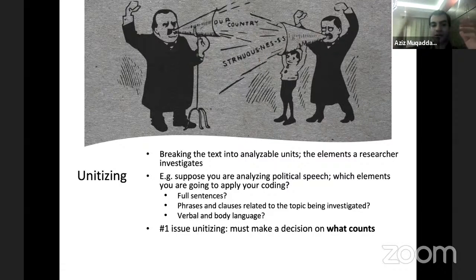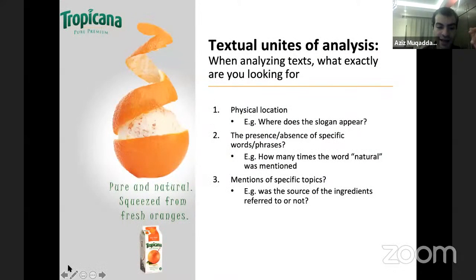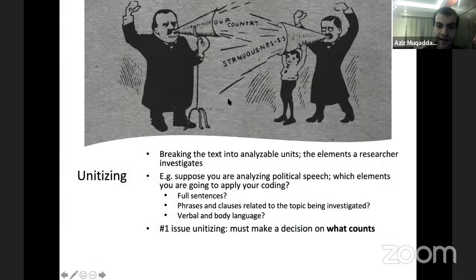Body language, background, the themes, like the podium. Would you analyze that as well or not? Or would you just look into the transcript? Those are decisions you make as an analyst, and they determine what would count in your content analysis to begin with.